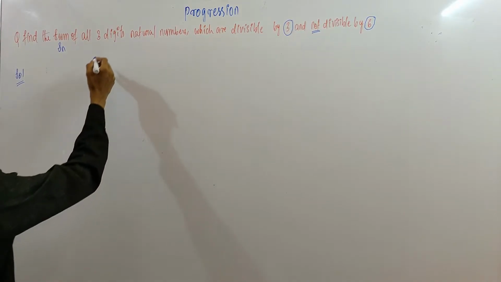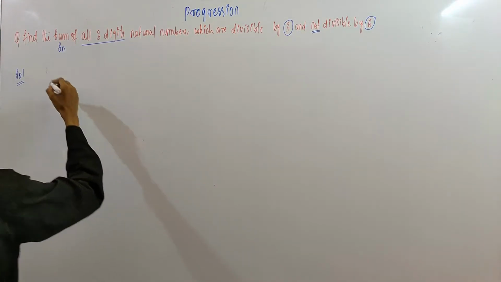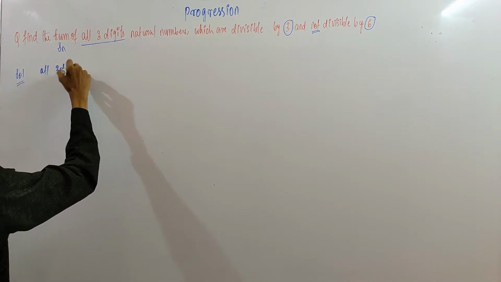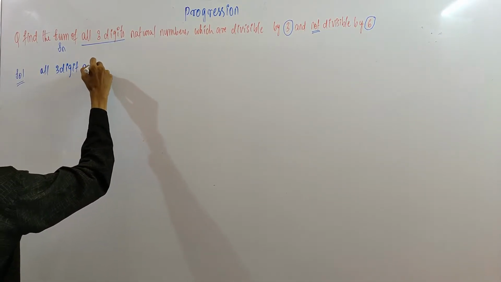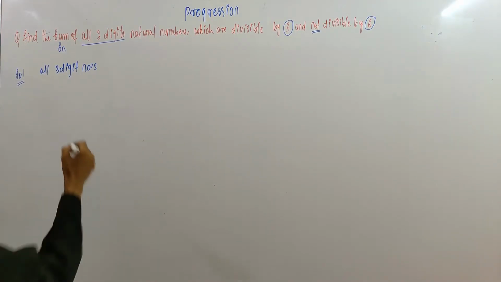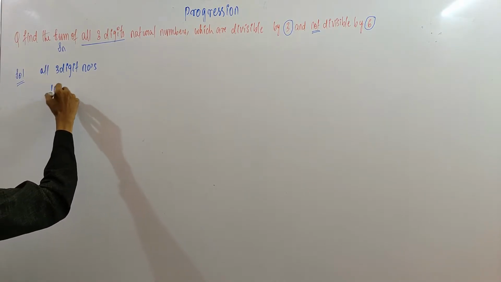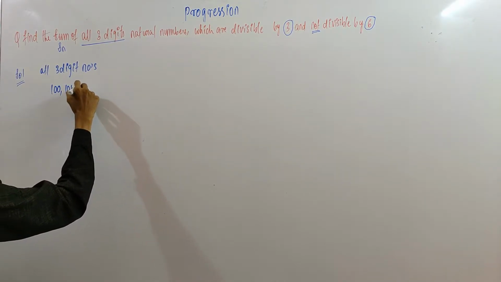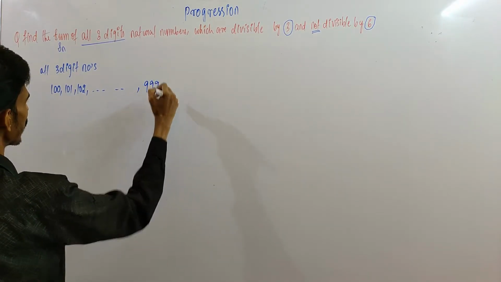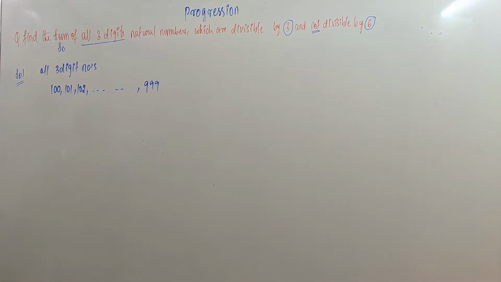So let me write down first all the 3-digit numbers. 3-digit numbers start with 100. So let me write down 100. The next is 101, 102 and so on up to 999. These are the 3-digit numbers.